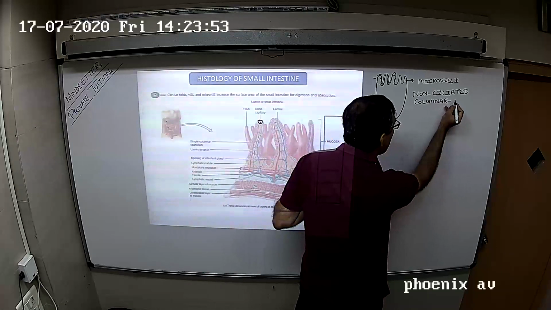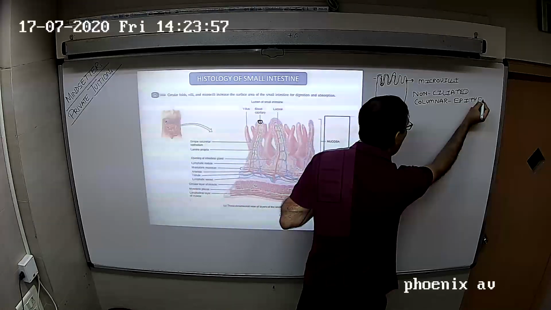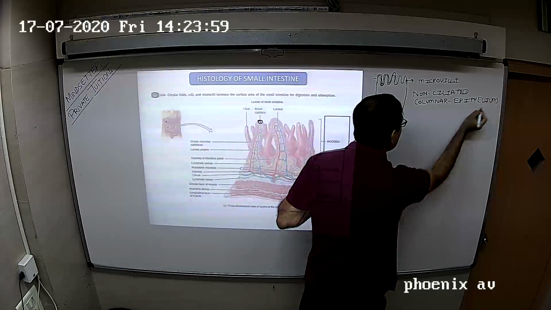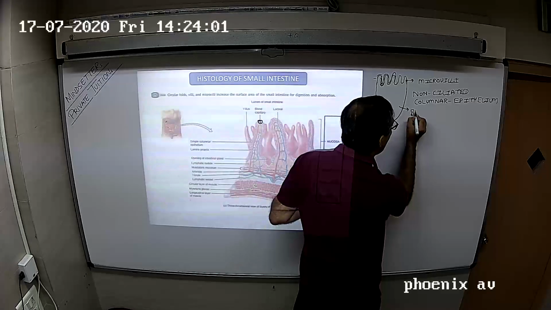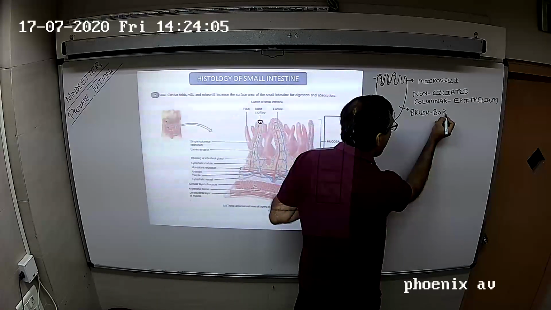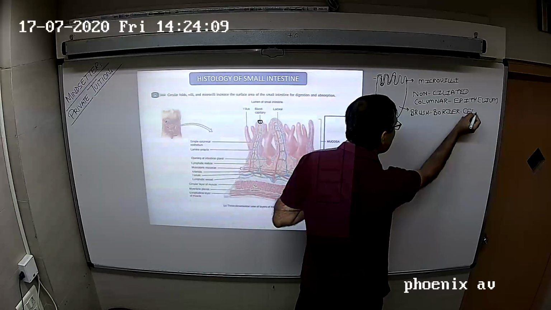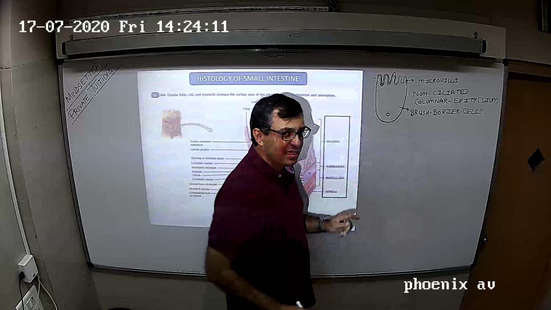Such cells are called microvilli cells, also called brush border cells. इन्हें brush border cells भी कहते हैं. Microvilli cells or brush border cells.